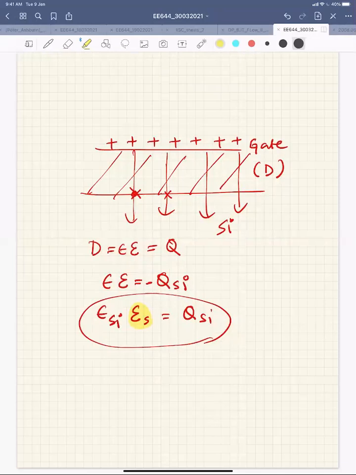You could think of this as a closed box. The electric field at the surface of this box is your Es, and the total charge enclosed in this part is Q silicon. So you could easily find Q silicon, which is epsilon silicon times the field at the surface.